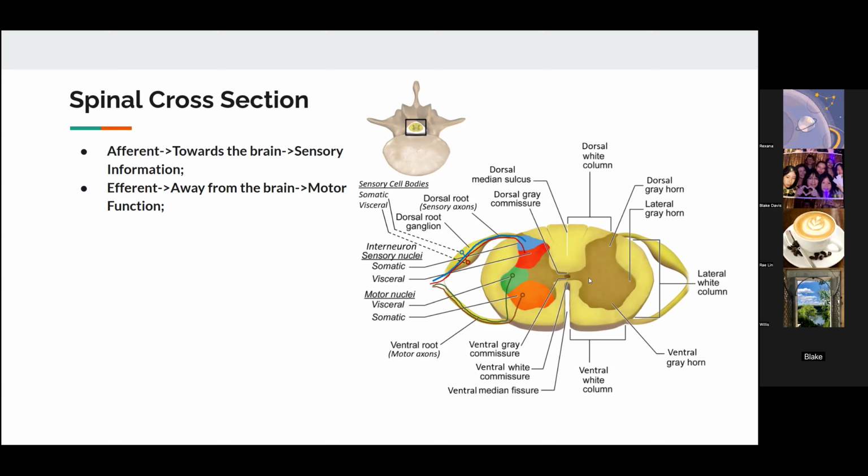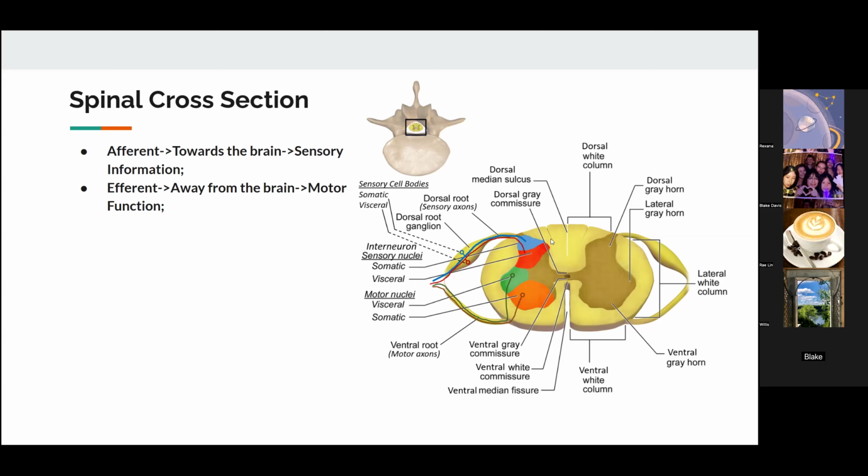Gray matter is the cell bodies of neurons rather than the axons. They're mainly the cell bodies and dendrites. So this gray matter is going to be receiving signals, afferent signals. Afferent signals are going towards the brain, so from sensory nerves into the spinal cord. And then this white matter is primarily composed of axons.